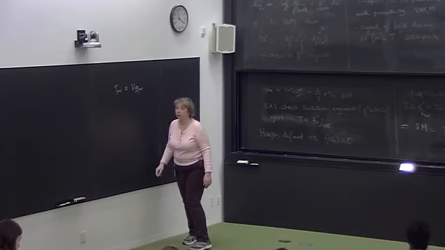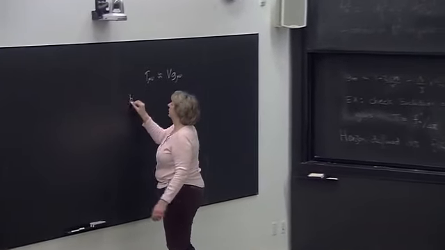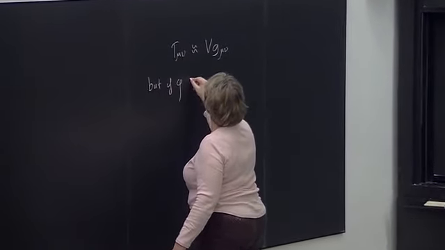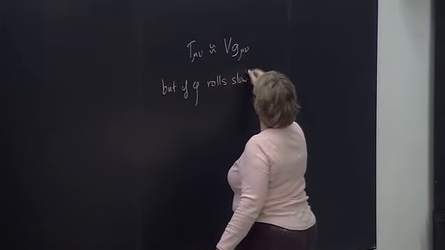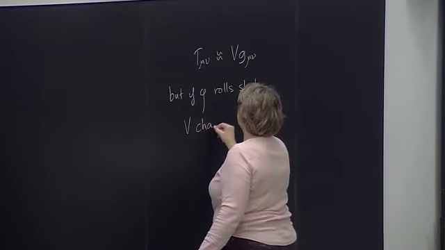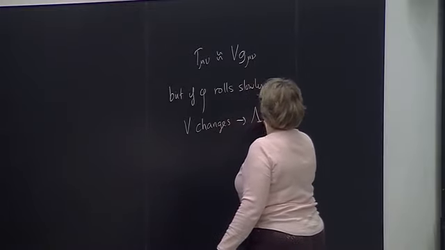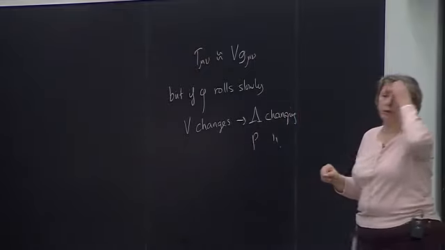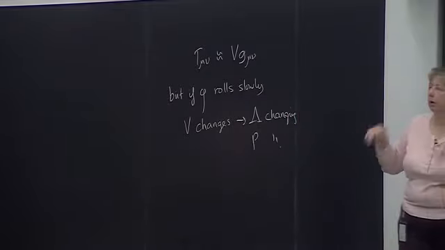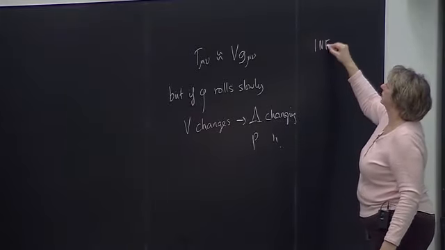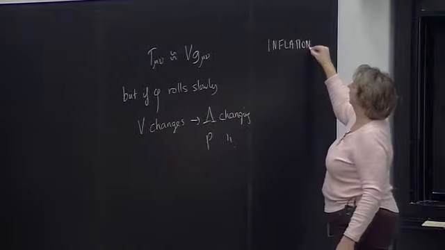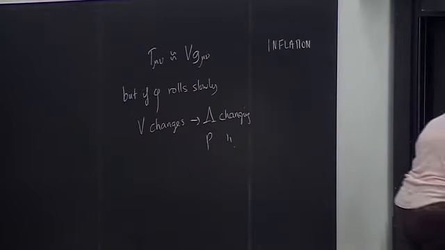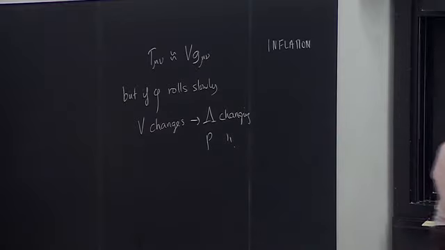So you have an approximate cosmological constant, but if phi changes, then V changes, which gives lambda changing and P changing. So that's how you can get a varying lambda. And of course, this you probably saw is cosmological inflation. So a time-varying lambda is not exactly unknown. You just have to shift what you mean by cosmological constant.